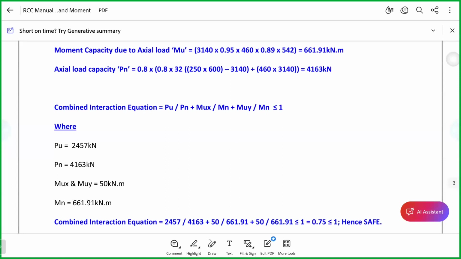The area of 16 millimeter is 201. It's 10 T, which means 10 numbers, 10 numbers into the area of 10 numbers.